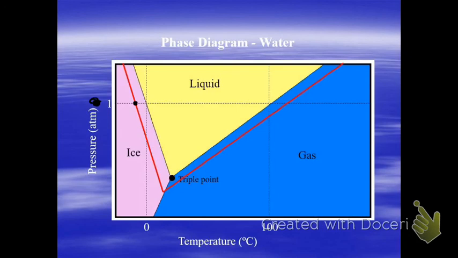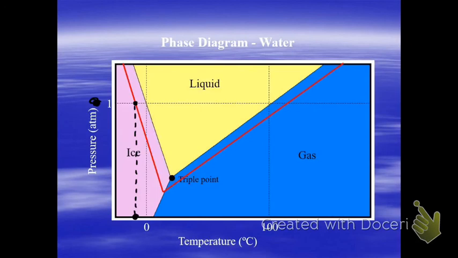That red line is like the new solid-liquid barrier. If I follow that dot down to the x-axis, sorry, I'm not drawing very straight, that is the new freezing point. You'll notice it is below 0.